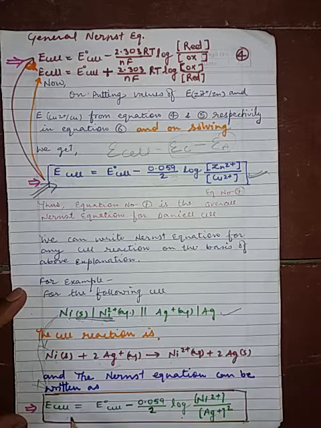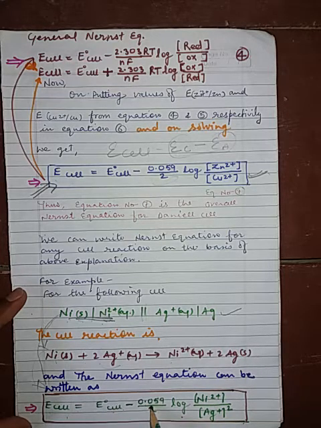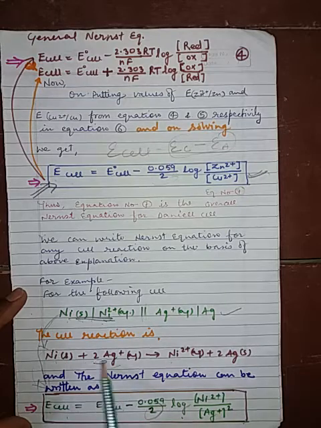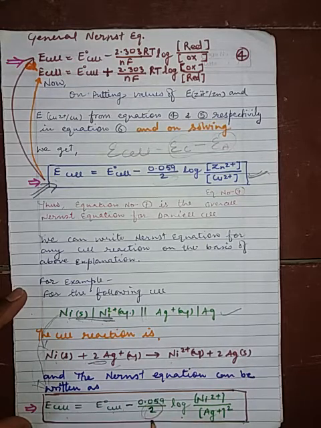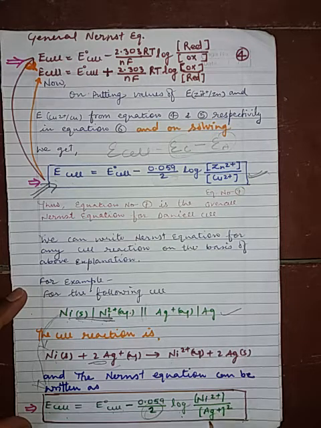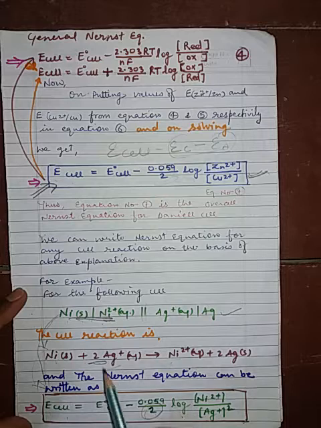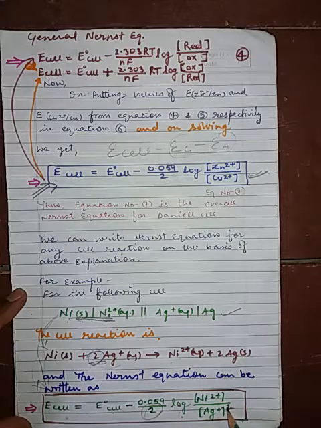Simply, E cell is equal to E naught cell minus 0.059 upon 2. Here 2 electrons are involved, so n has the value 2, log of the concentration of nickel ion to the concentration of silver ion. Here the concentration of silver should be taken as a square, because of the coefficient 2, concentration squared.